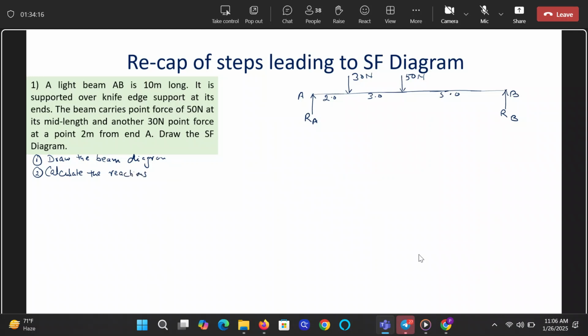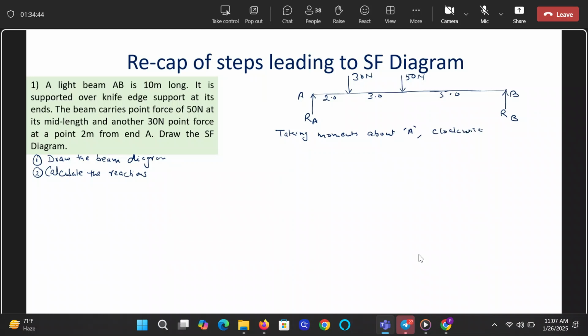Okay, I'll do that step again. I've already explained. I will not take time, but if anybody still wants to clarify, you can speak, and you also know then what to write. Now, taking moments about A. We have already explained this.